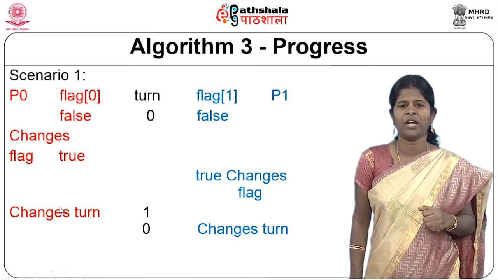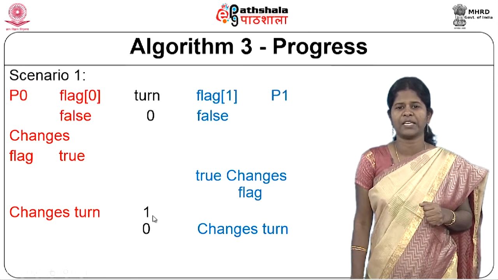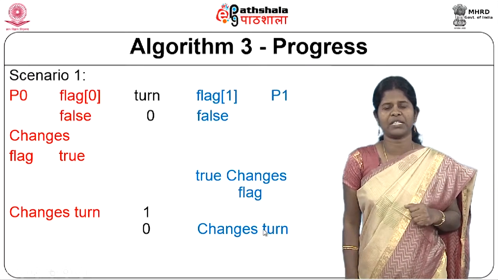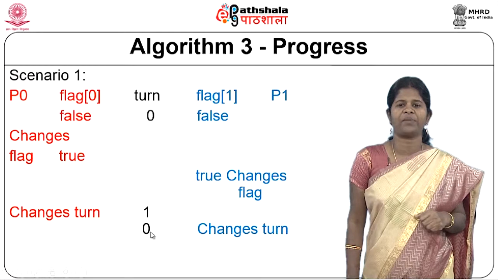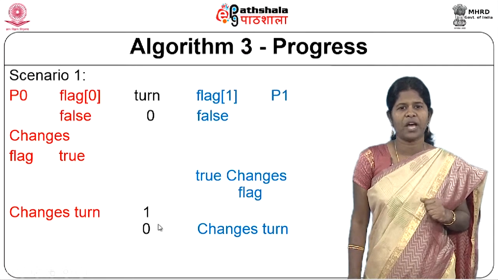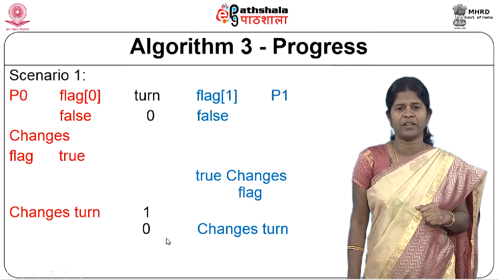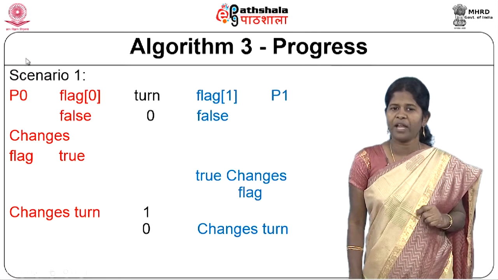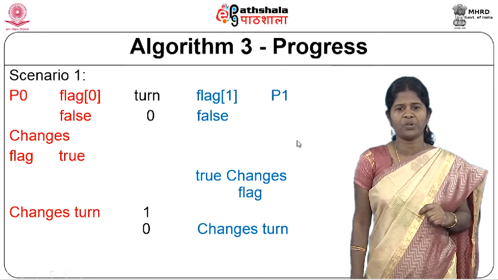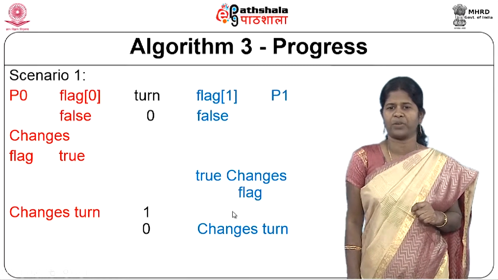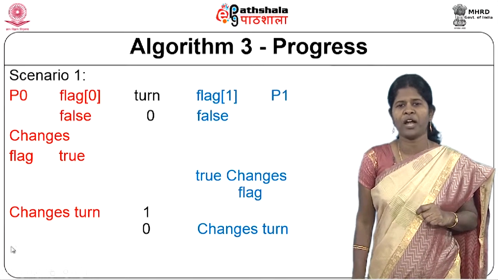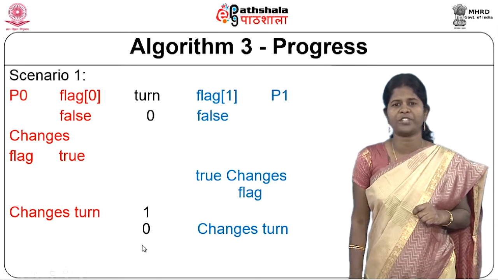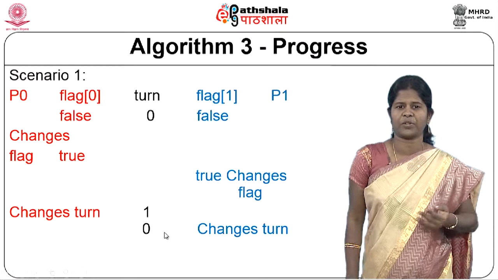Say if P0 changes the turn first in this case and it changes the value of turn to 1 and then P1 changes the value of turn to 0. So, now who should enter critical section? The value of turn is equal to 0, the value of flag[0] is equal to true, the value of flag[1] is also equal to true. So, when P0 checks the value of turn, it will find that the value of turn is not equal to the turn of the other process.